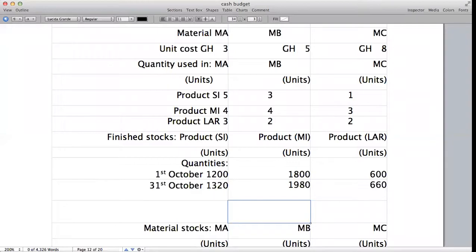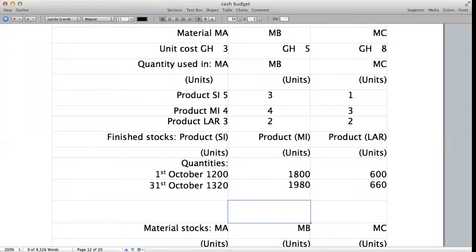With the LA, the sales is 1,800. So it will be 1,800 plus the open inventory of 600, then minus, then plus 660. That'll give us 1,860.